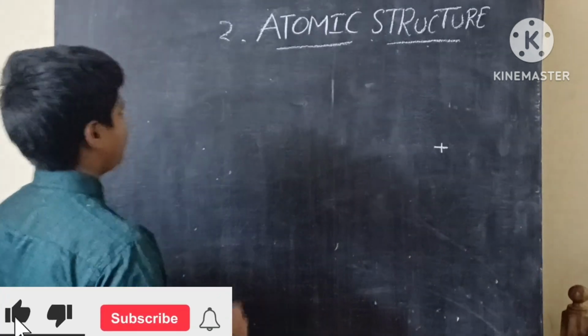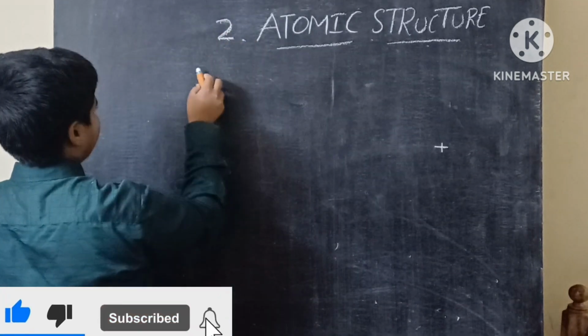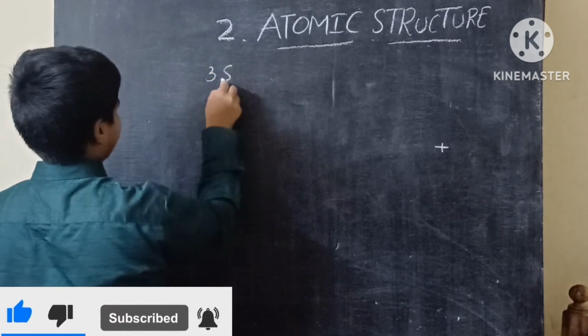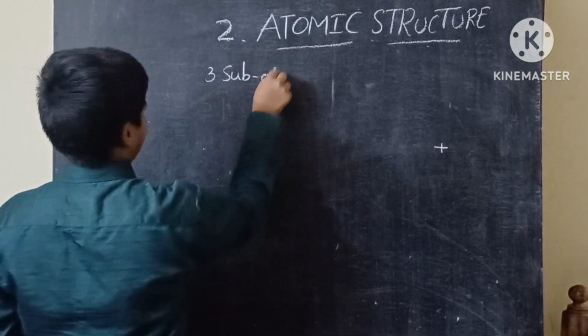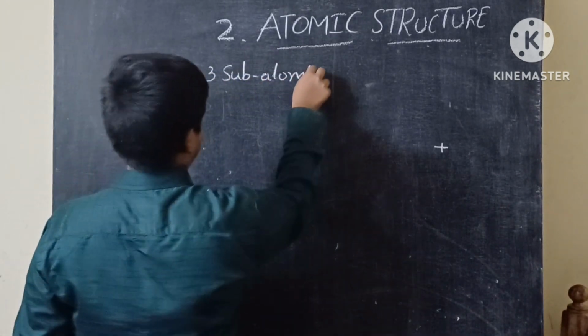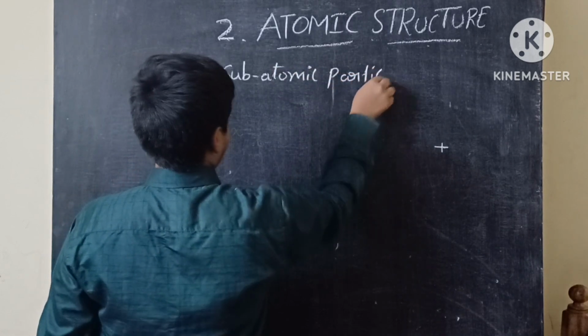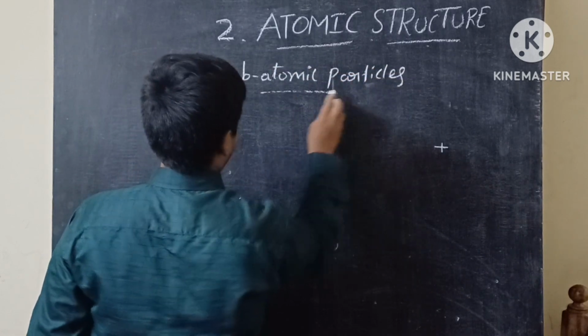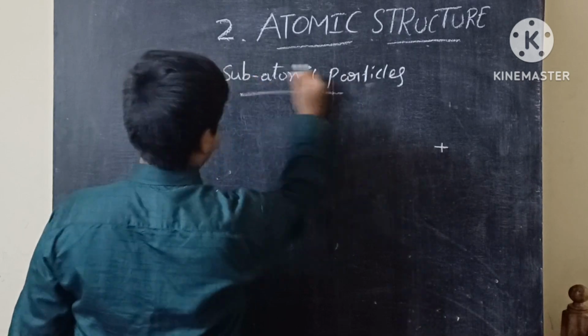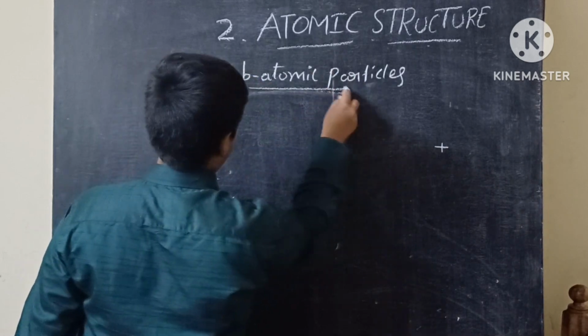So in the structure of an atom there are three subatomic particles.